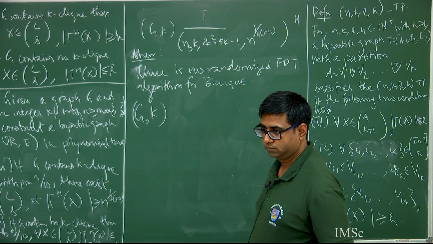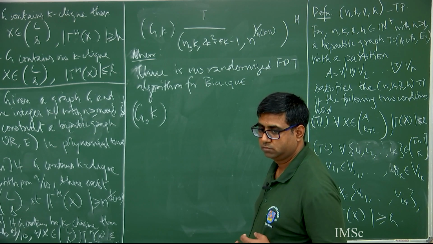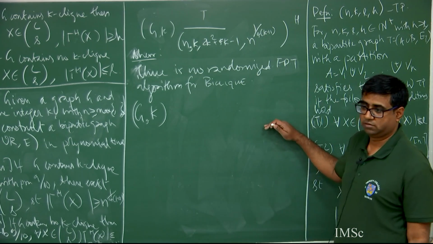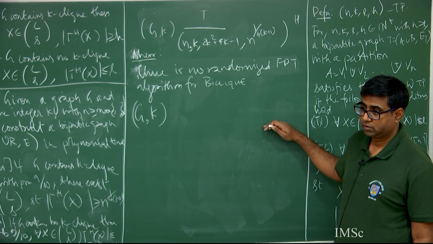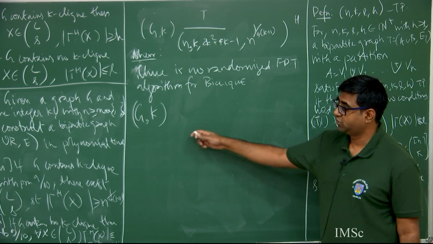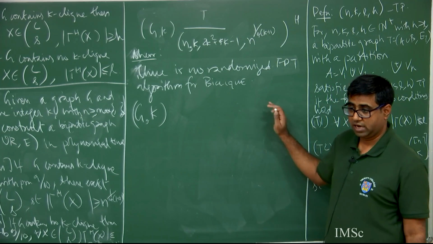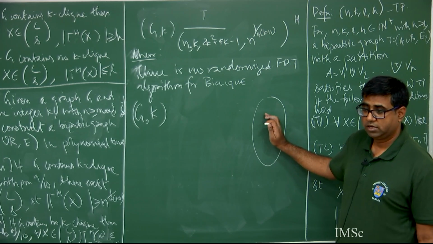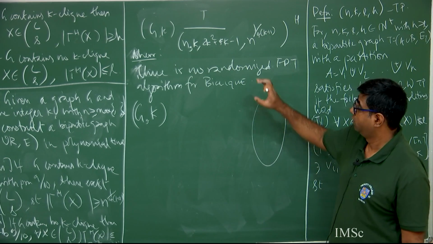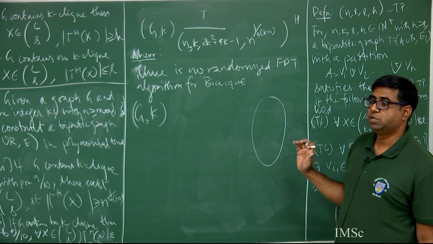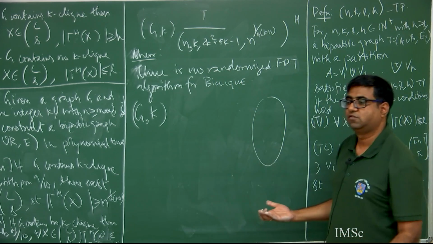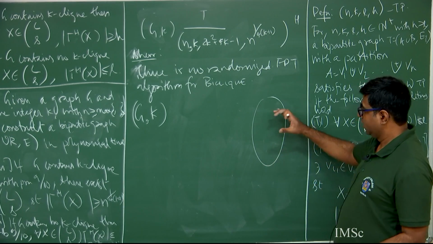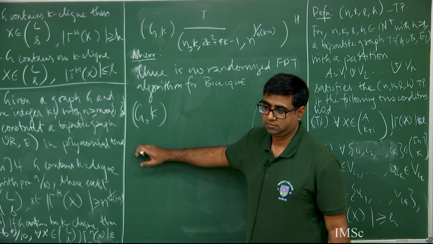A deterministic FPT algorithm, no, we cannot get that, because this reduction is randomized. When I construct an instance, it is a randomized instance. So even if I had a deterministic algorithm for this particular problem, I cannot be sure that the instance I created had this beautiful gap property, that given an answer here, I can lift an answer there.